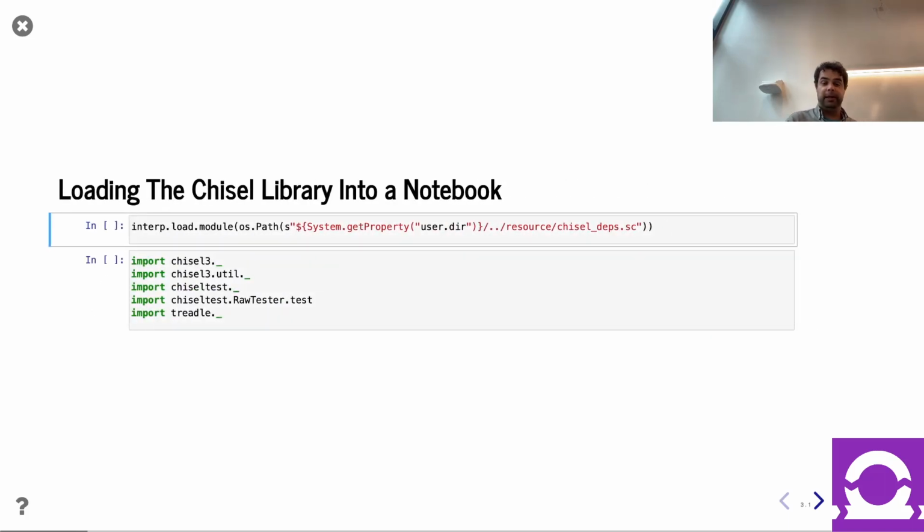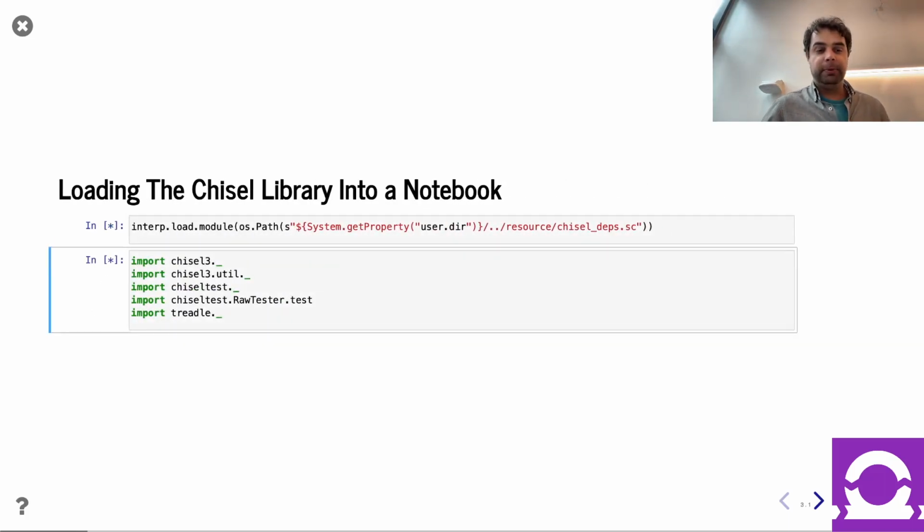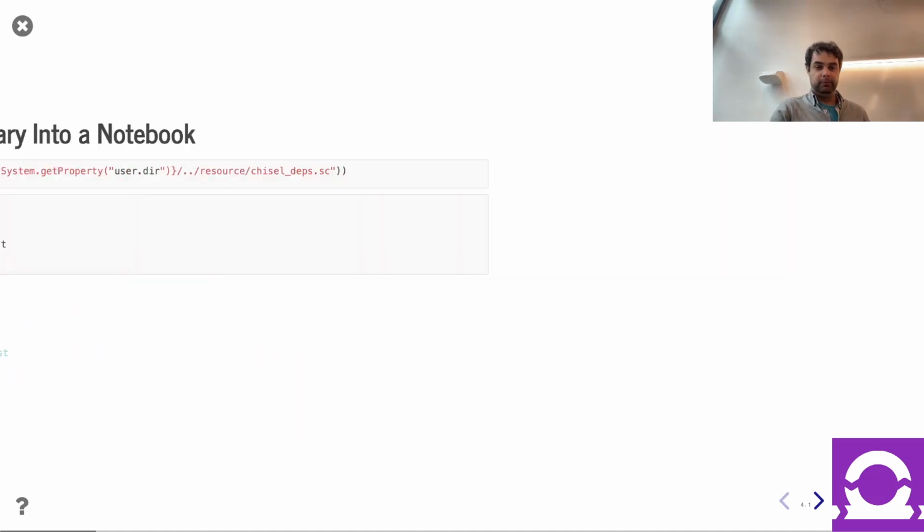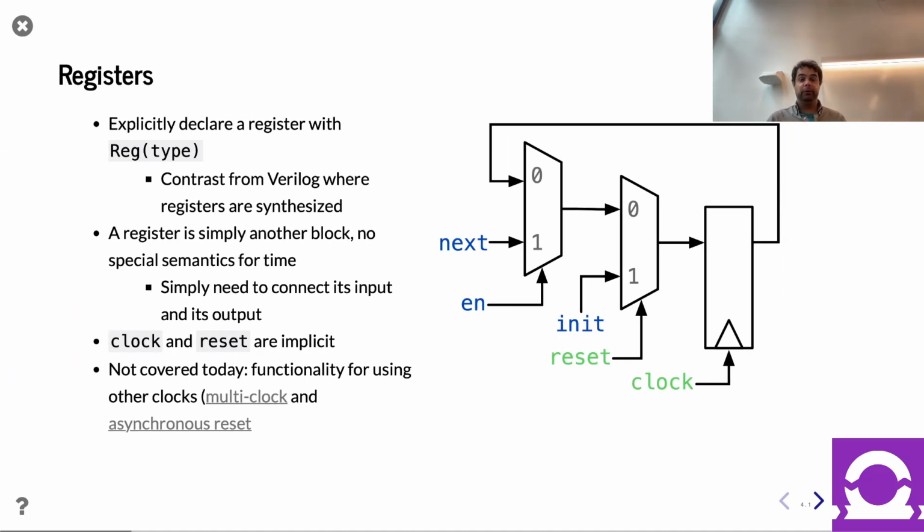Okay. So let's go ahead and load up our notebook. Great. Okay, so registers, of course, are the way you hold memory in hardware. We'll cover having memories like SRAM in a future lecture, but for a flip-flop, this is what we have. Chisel, like I said, is designed to be simple.